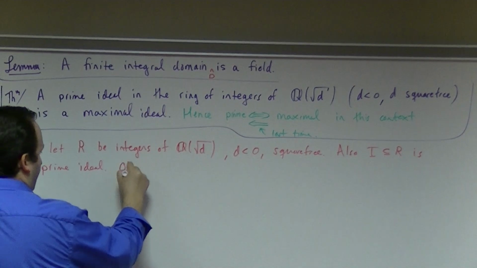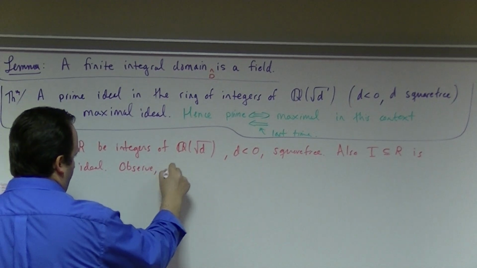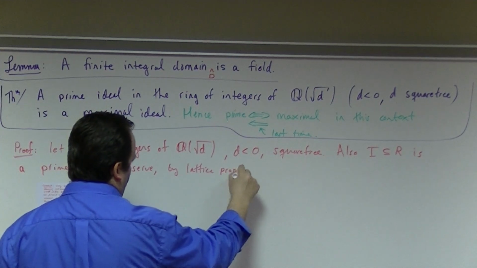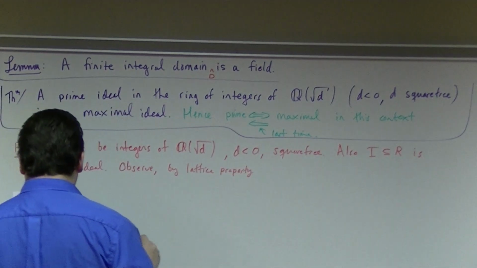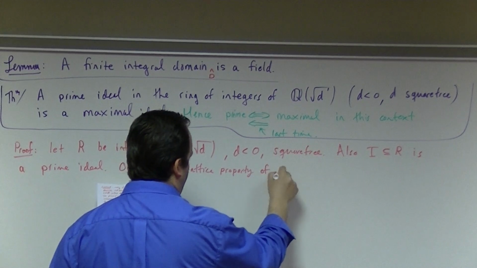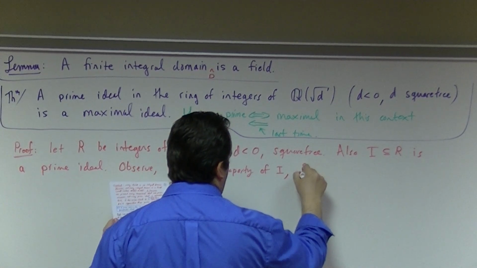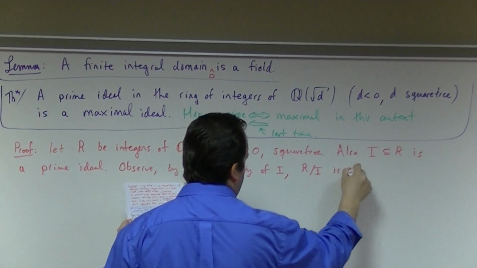Observe, by the lattice property of I, that R mod I is finite.